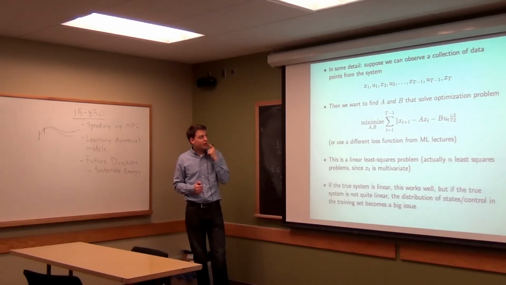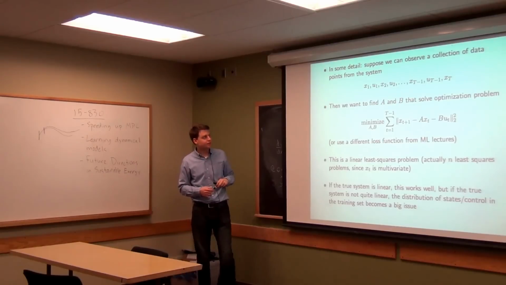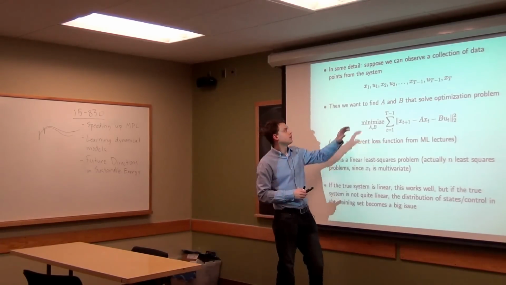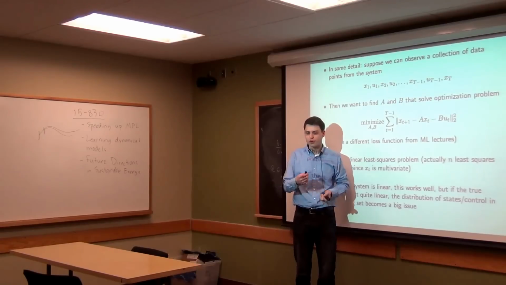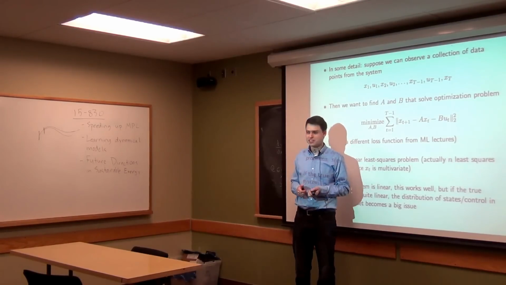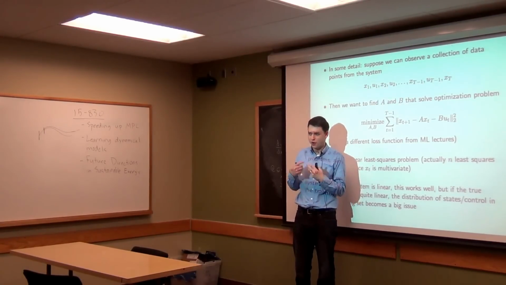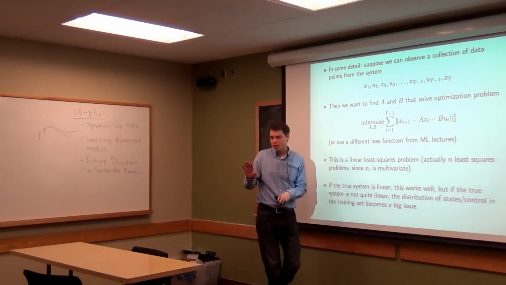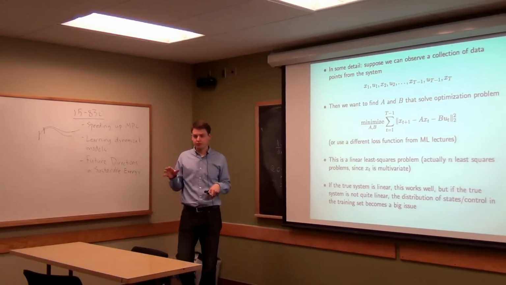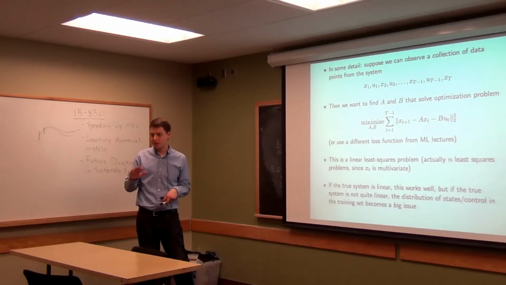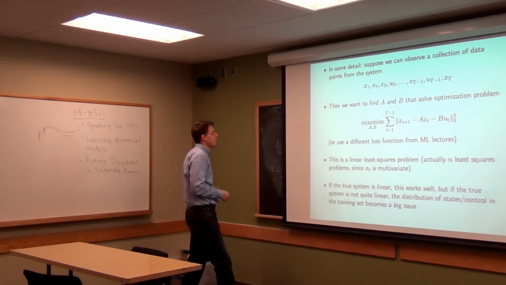So in a little bit more detail, suppose we have this collection here, X, Y. And I should mention, this is sort of an aside: you're actually doing this on your homework. You're learning a linear dynamical system, which is an autoregressive model. So you are already doing this. But more broadly, it's good to know that this can be done in the general case.